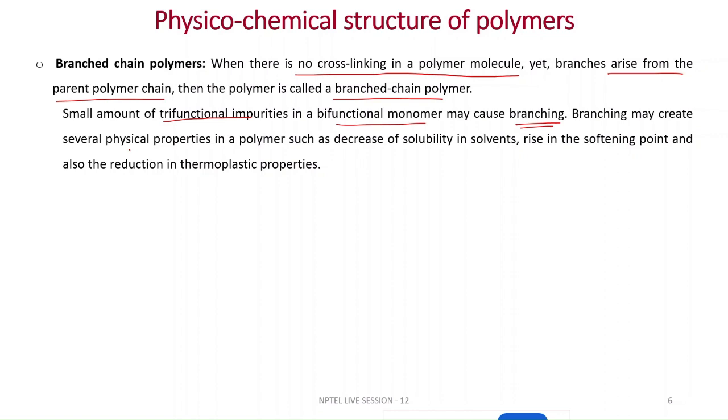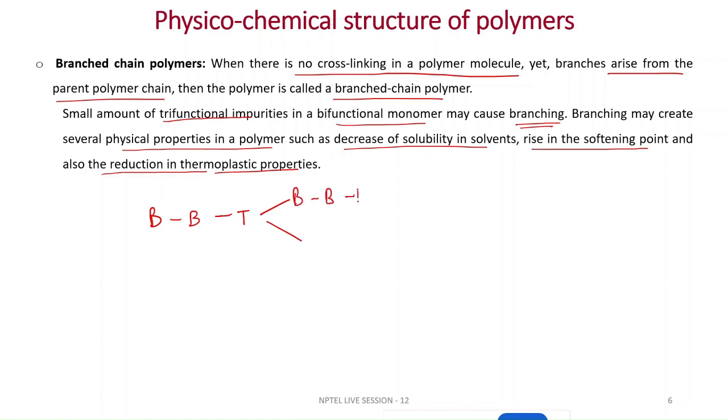Branching may change several physical properties in a polymer: it will decrease the solubility in the solvent, it may raise the softening point, and it may also reduce the thermoplastic properties. So the branched chain polymer looks like this: bifunctional monomers are there, and in the parental chain only, they are forming the branch.